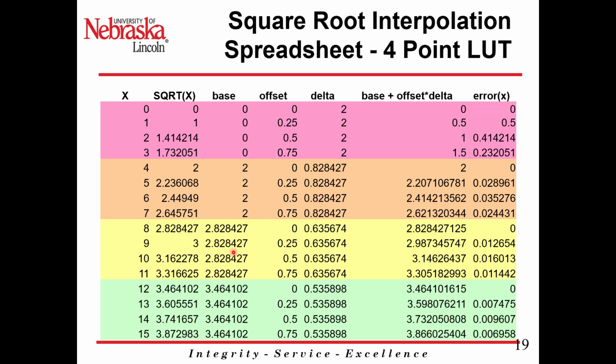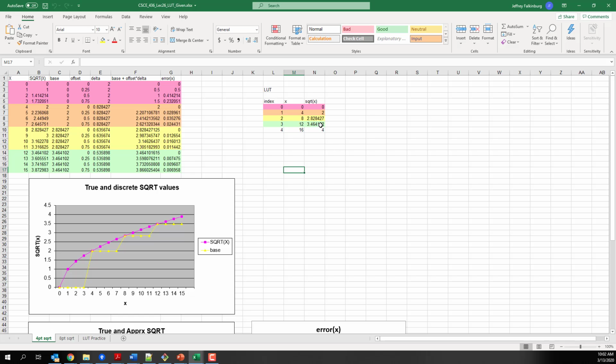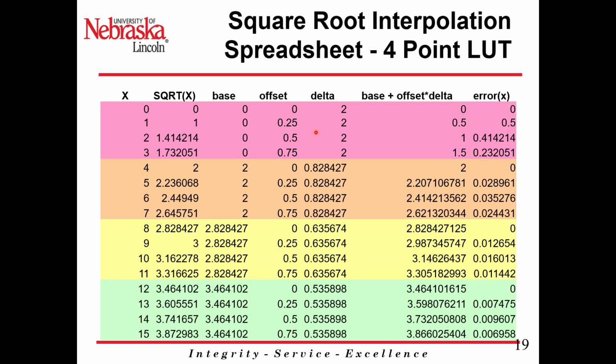So we have the base values, 0, for 4 it's 2, 2.8, and 3.464. And I calculate the offset, obviously from 0 to 4, a quarter of the way, half the way, 3/4, and then we're at the next base value.